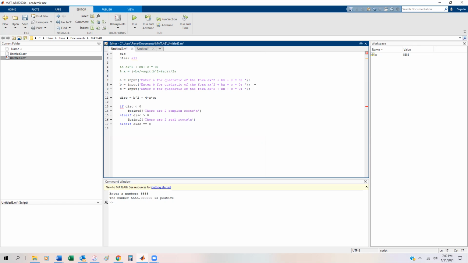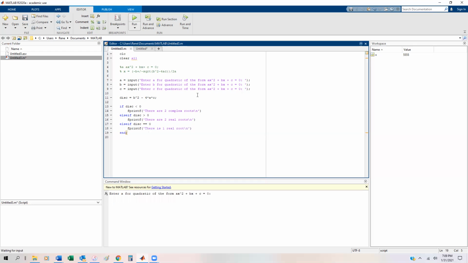We could just do else, but I'm just going to do it anyway. Else if disk equals 0, then we're going to say that there is 1 real root. All right. And we're going to execute this just to make sure it's good. We're going to hit an end here. I'll put a semicolon.